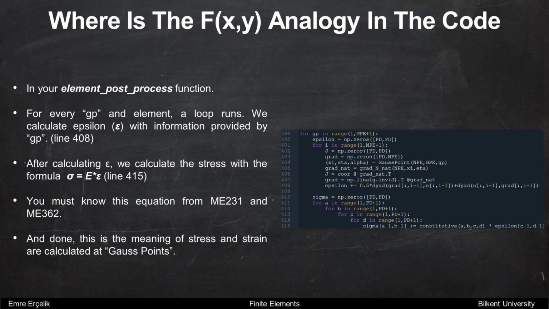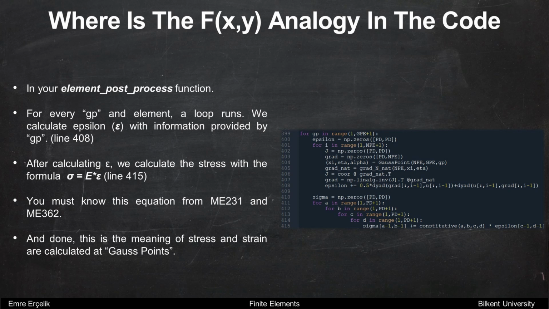After calculating strain, we calculate the stress with the formula sigma equals Young's modulus multiplied by strain. You can see the equation in line 415, and you know this equation from Mechanics of Materials 1 and your finite element course. And done. This is the meaning of stress and strain being calculated at Gauss points.